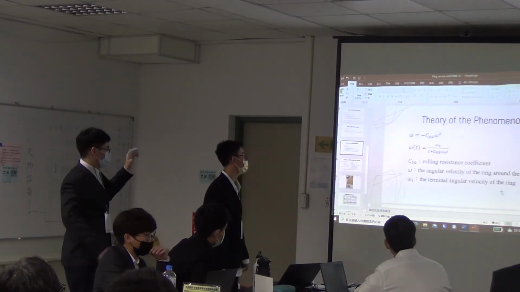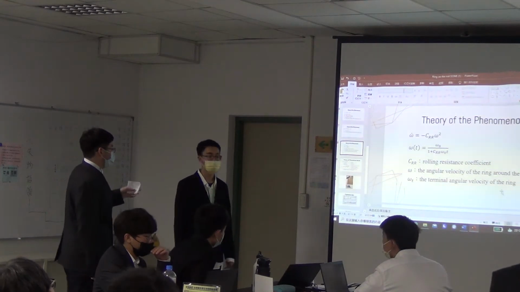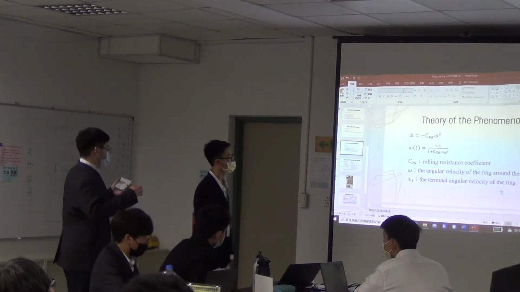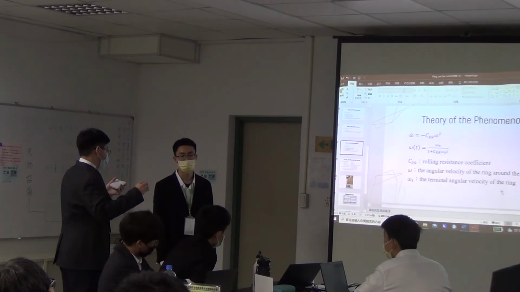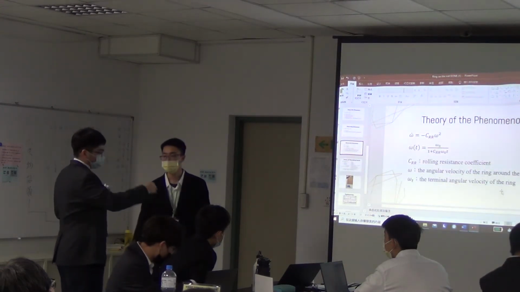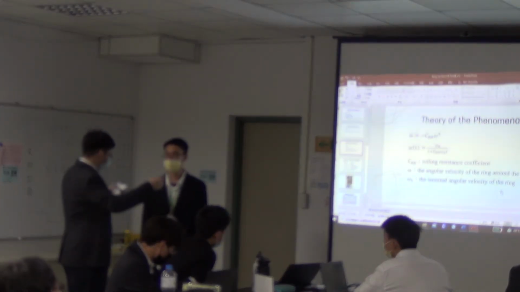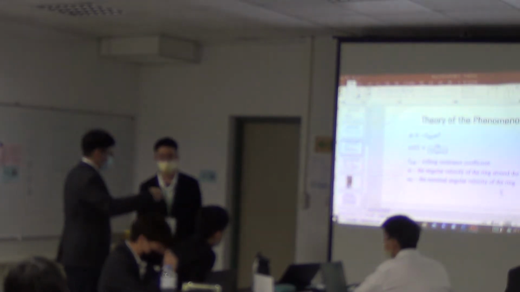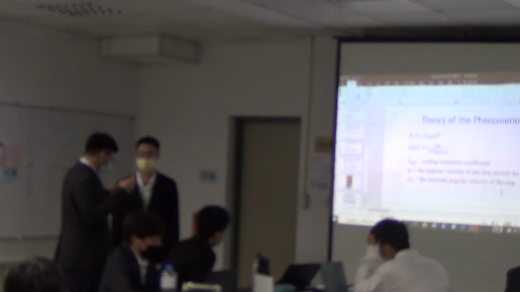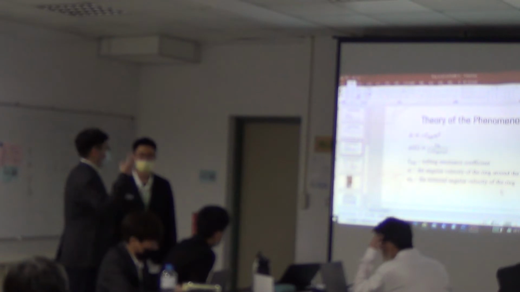And I think that if you use this formula, it might make sense if the shape is changing. But since it just rotates about 3 to 4 times, there won't be an apparent difference in the shape of the ring.